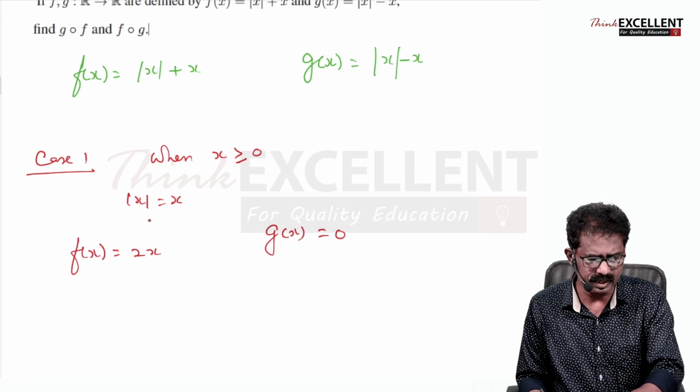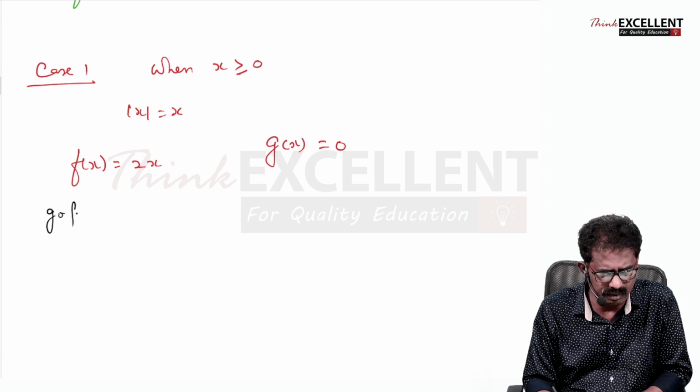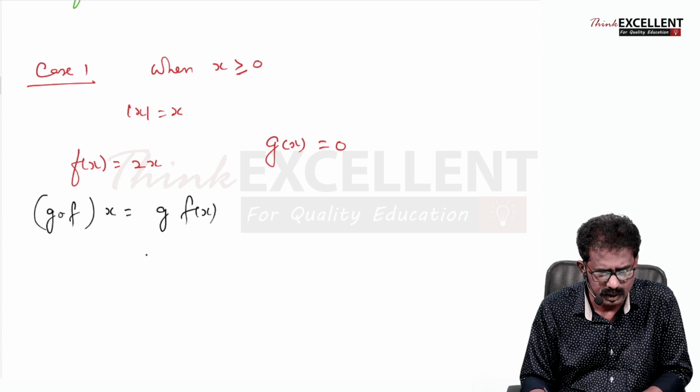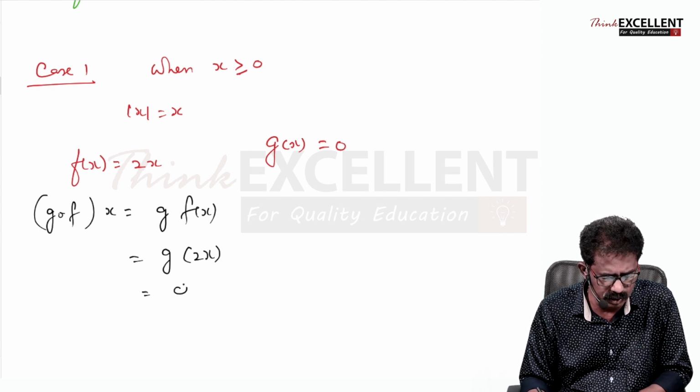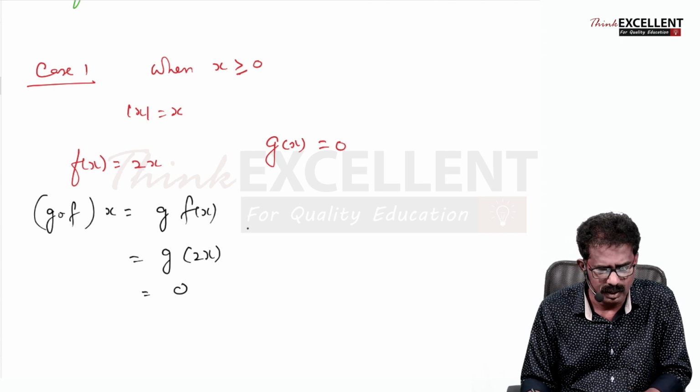So we have to find g composition f. So let us find g composition f of x, that is g of f of x. That is g of, what is f of x? 2x. Put this value in g. What is g? It is 0. So 0 and anything, it is 0 only. So the answer is 0.